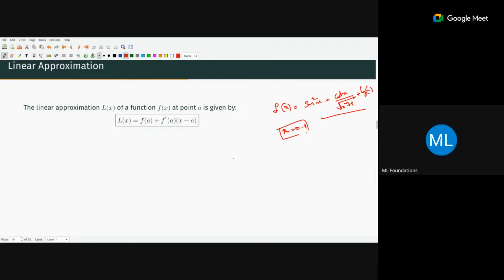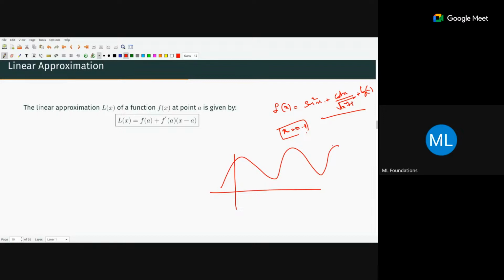And this is done at a particular point. We cannot take some random function and ask for a linear approximation to the whole function itself. That will not work, and the error will be huge.